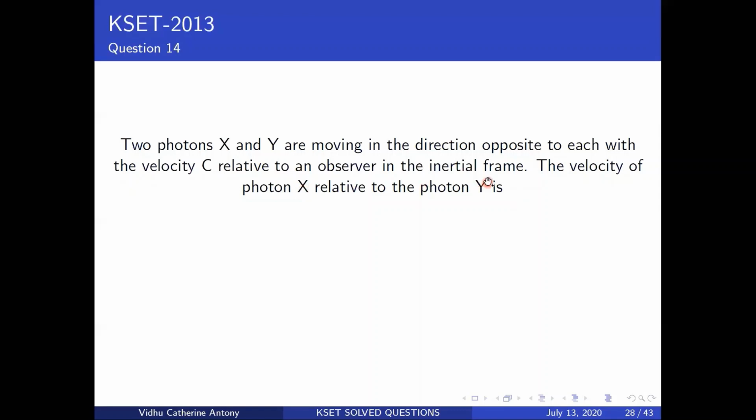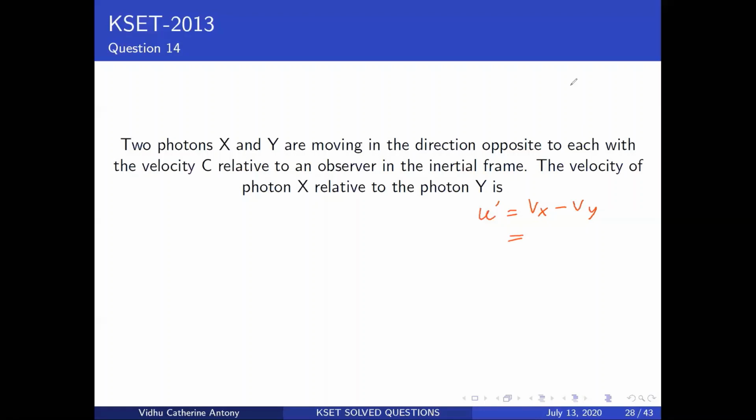So now if you're looking at Newtonian mechanics, and I consider this to be a Newtonian problem, I can say that, okay, fine, what do I say my relative velocity is? I'll just write this as relative velocity is equal to the velocity of x, they've said velocity of the photon x relative to y, so minus velocity of y.